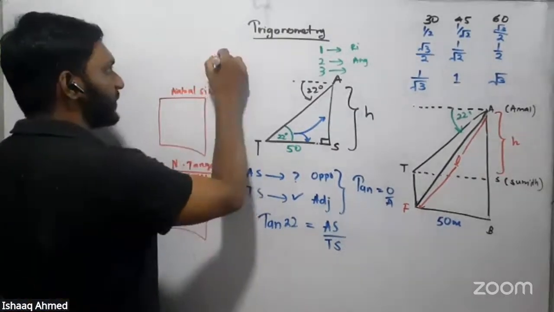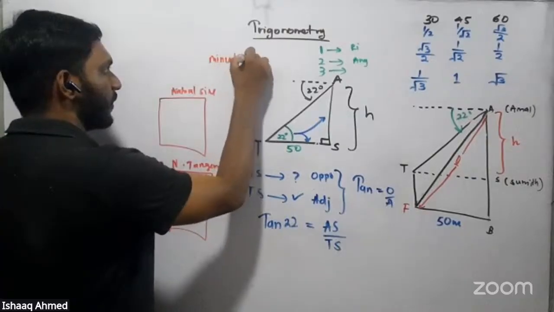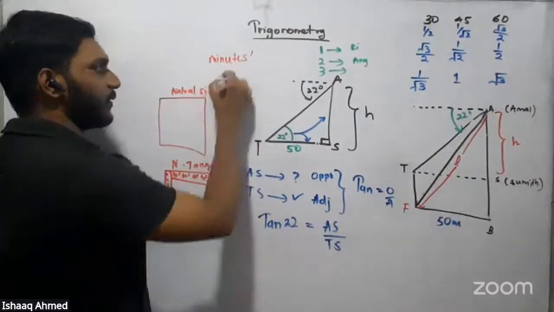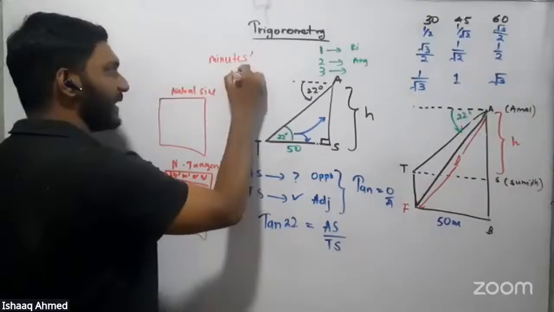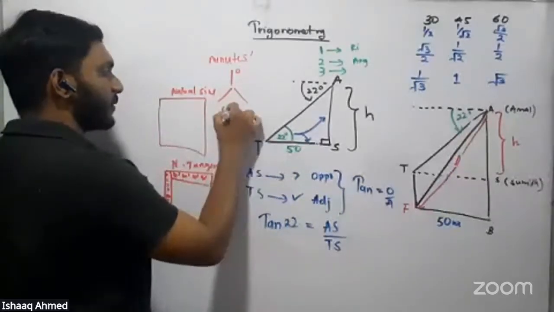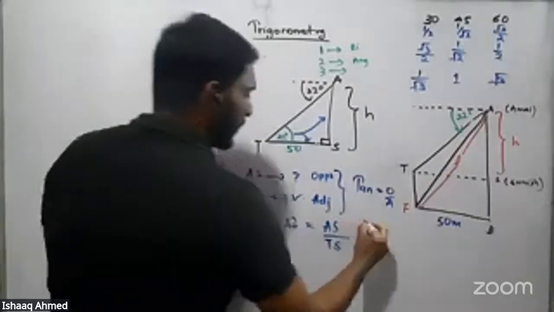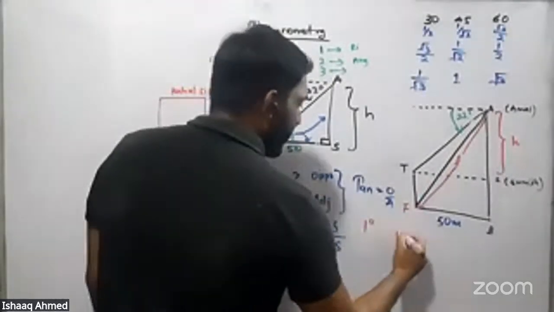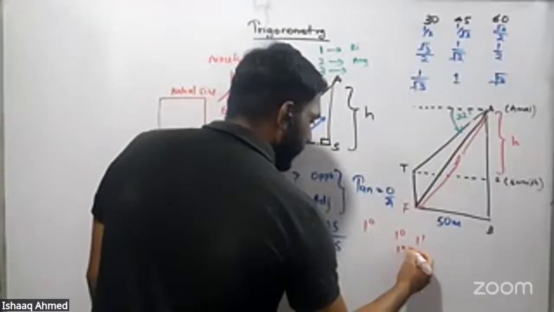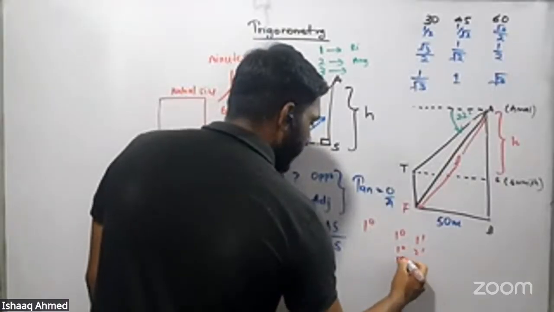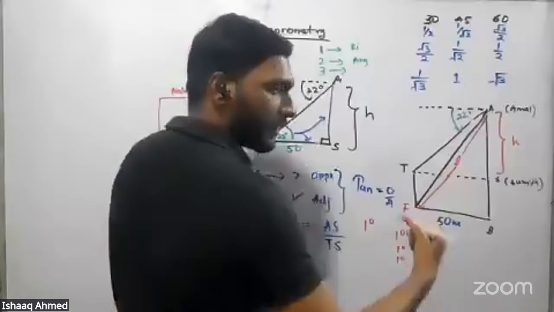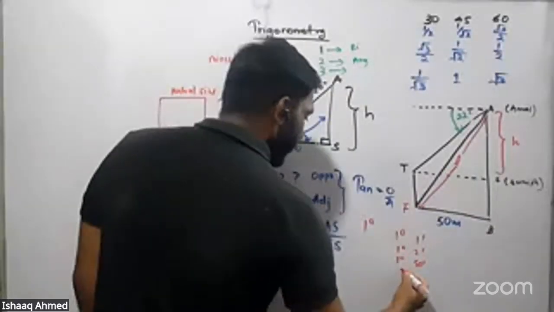No need to worry. Minutes means an angle divided. You can take 1 degree angle and divide it into 60 minutes. So, for example, you take 1 degree and then 1 degree 1 minute, 1 degree 2 minutes, and then 1 degree 50 minutes, after 2, 3, 4, and then 25, 26, 27, 50.